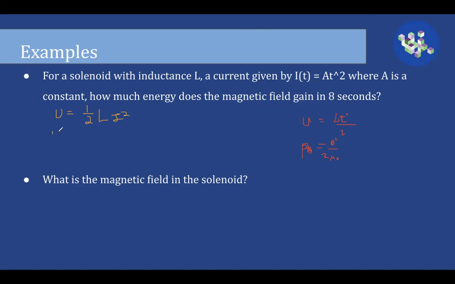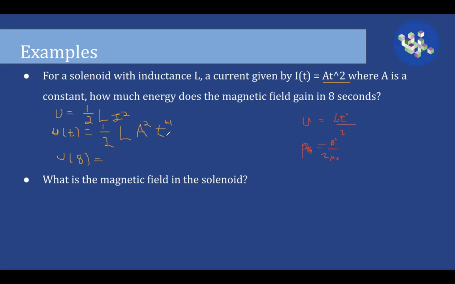So as a function of t, U of t equals 1/2 L, I of t is A t squared, so we can write A squared t to the 4. At 8 seconds, the energy U of 8, you can calculate it.